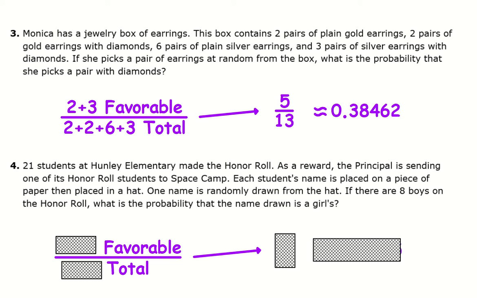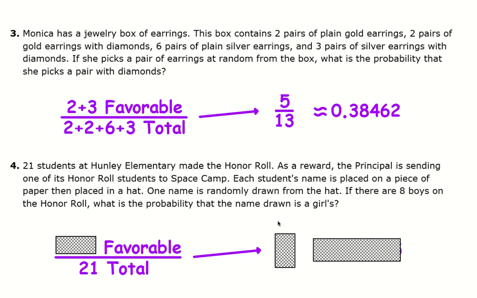Whoa, okay. So again, just don't let all the different wording confuse you. Just remember the bottom line. Probability is the number of favorable outcomes out of the grand total. So what's the grand total in the hat? We're drawing one name from a hat. How many total names are in that hat? 21.